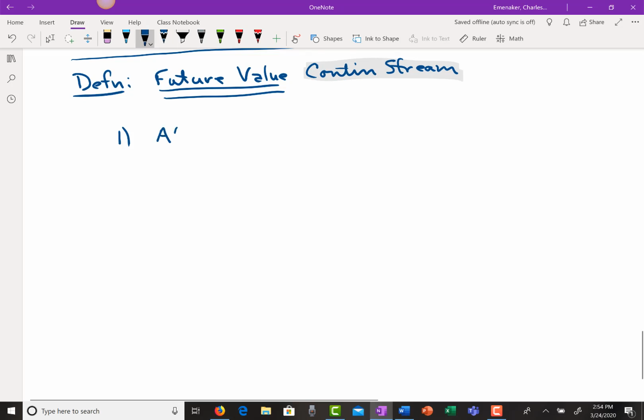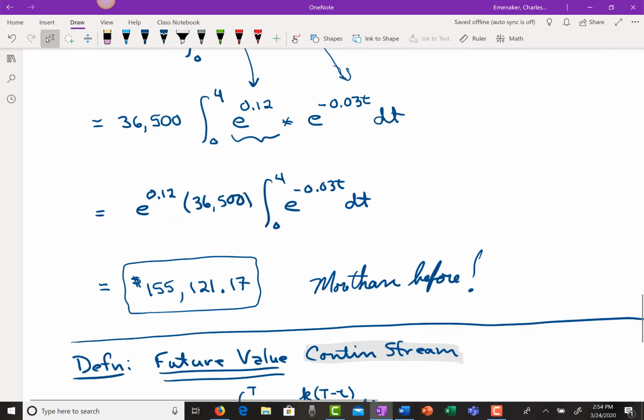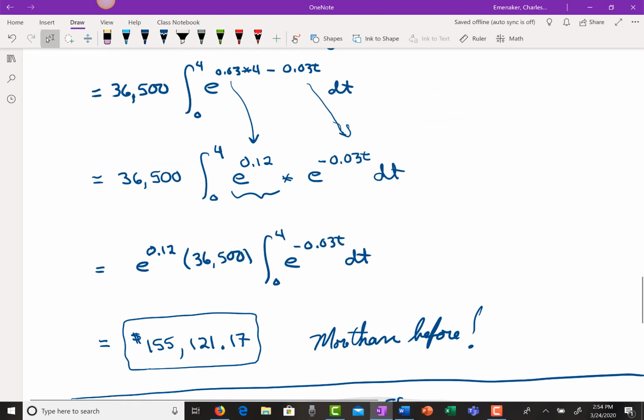The amount that you will have at some point down the road is going to be the integral from 0 to capital T of r of t e to the k times (capital T minus lowercase t) dt, which simplifies to give you, and this is what we just did up here, okay, notice we have our e to the 0.03 times 0.4 out front. We have our e to the negative 0.03 times 4 inside.